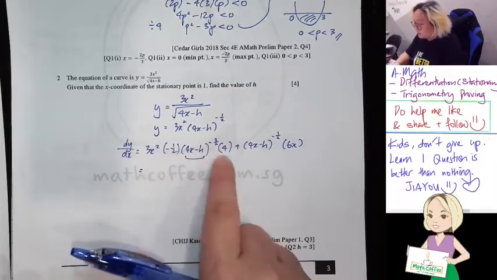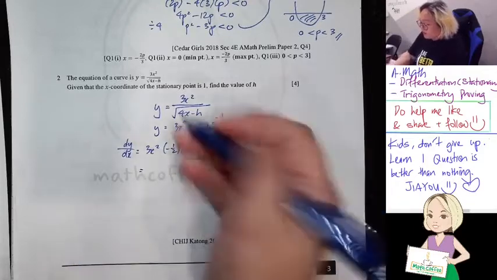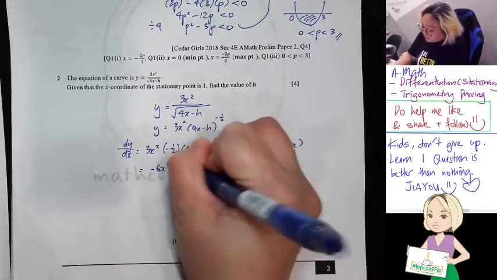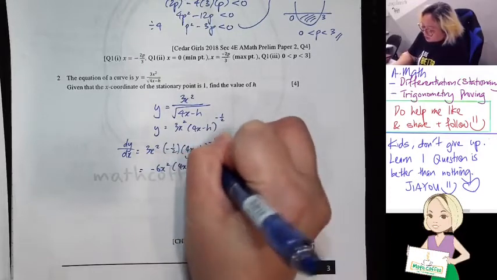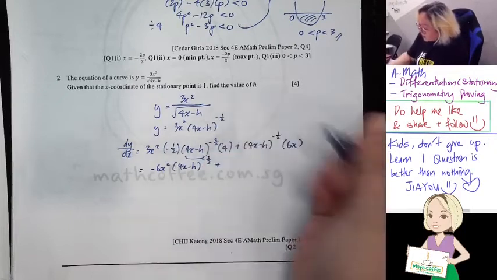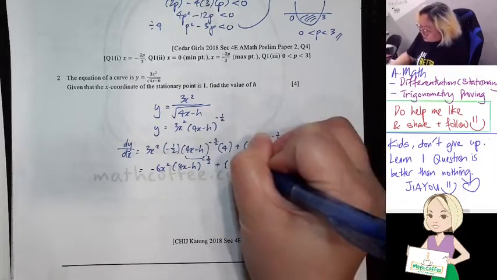Maybe I rewrite. So this one is minus 6x squared, 4x minus h to the power of negative 3 over 2, then plus, this one I just write the same thing.